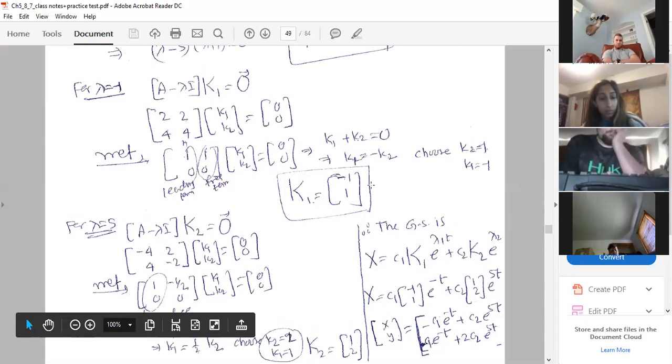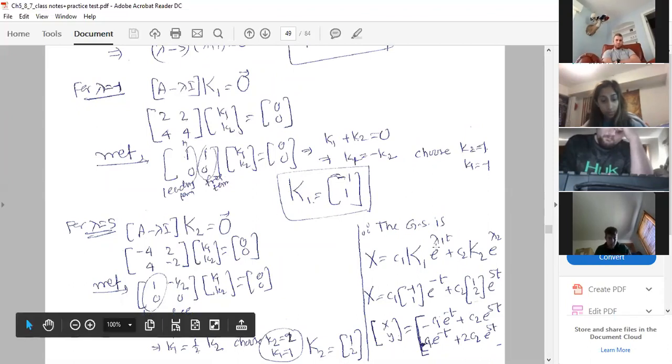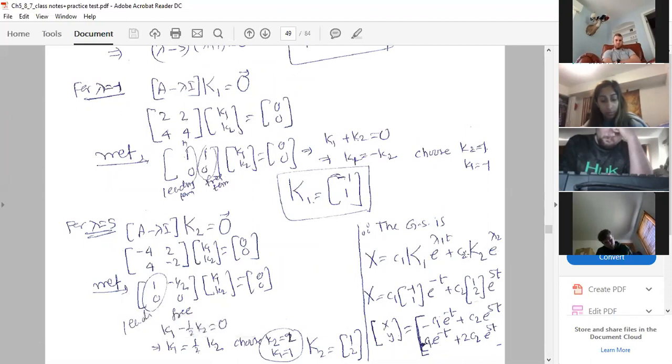I did not write it over here, but I would recommend you write down here after K1, write down your X1. So X1 equal to K1 e to the power lambda 1 t. That is my X1. X2 equal to K2 e to the power lambda 2 t. So finally, my general solution is X equals C1 X1 plus C2 X2.